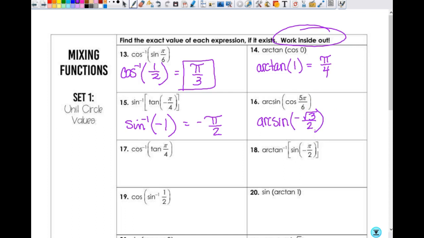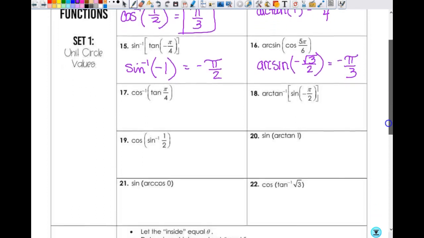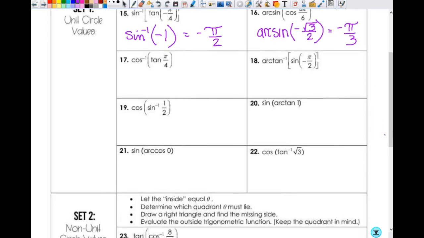And then arcsine of negative square root of 3 over 2. So remember, you can still use the hand trick. If I want sine to be square root of 3 over 2, that's what this is. So it's pi thirds, but since it's negative square root of 3 over 2, it has to be negative pi thirds. Okay, everybody good with that?